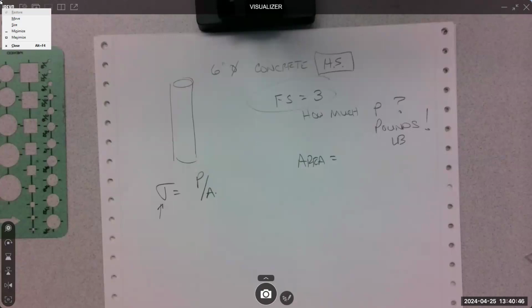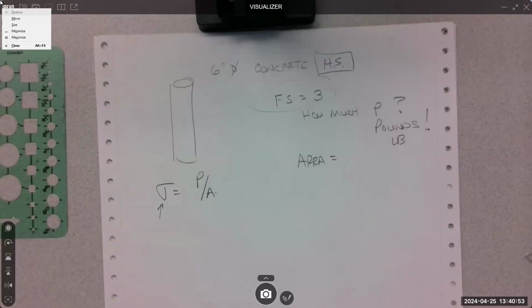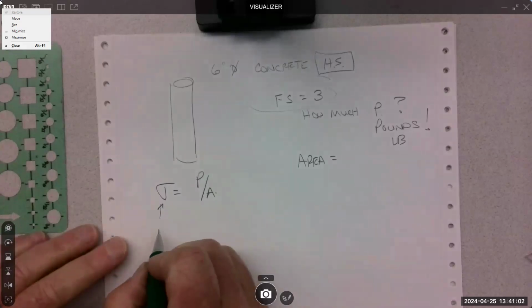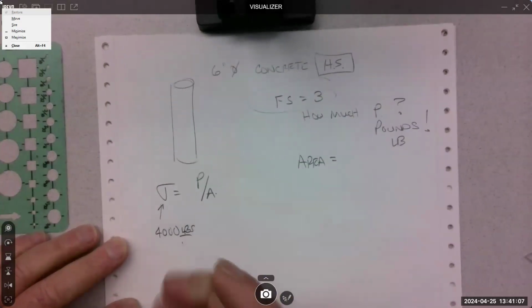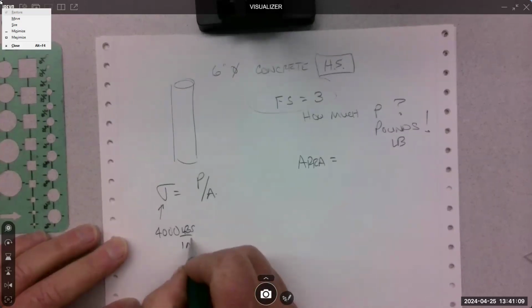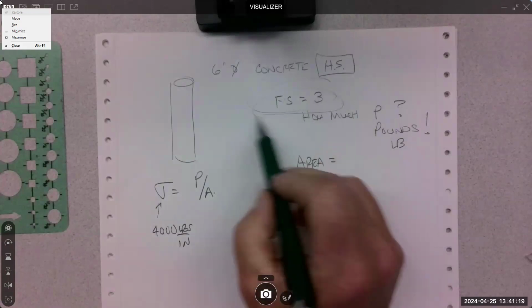And what is the stress allowable for high strength? The only thing you're given is the ultimate strength, 4,000 PSI or 4 KSI, right? So we could put the 4,000 in here, in pounds per inch squared. Right, but that's all the way up to it exploding. That's the ultimate strength.